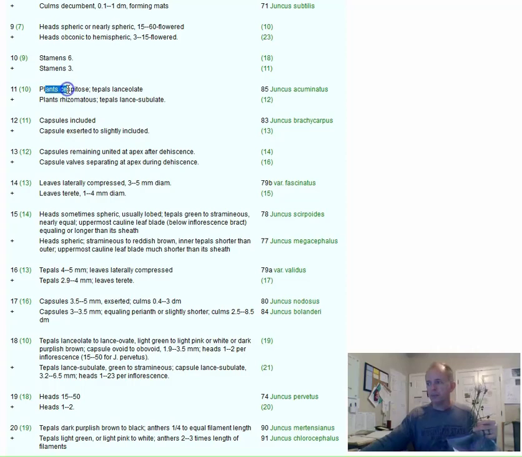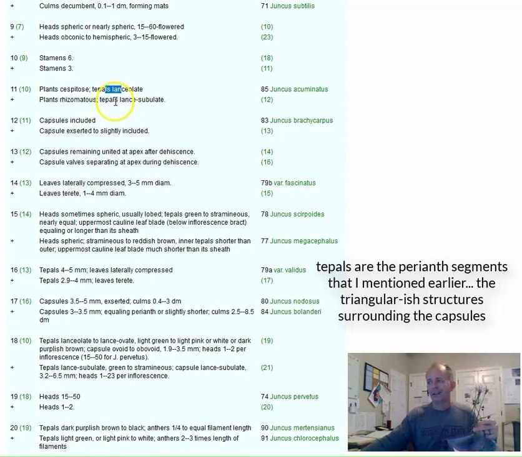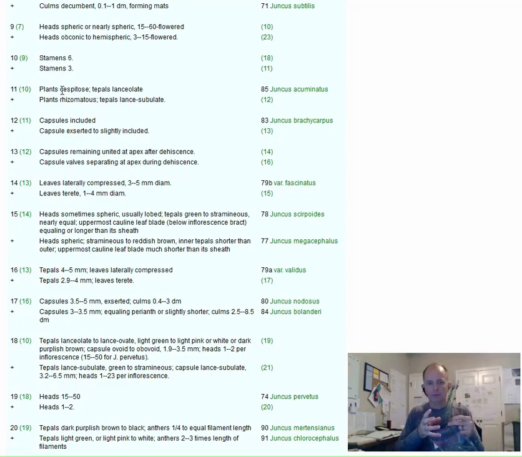All right, plants cespitose. The tepals lanceolate, or they could be lance subulate. It's kind of pretty similar. The cespitose is it growing in a big clump? So a bunch of culms coming out of one relatively tight, compact clump, or was it rhizomatous? All right, so, well, these have kind of broken apart. Well, there you go. I don't know, again, how well you can necessarily see.